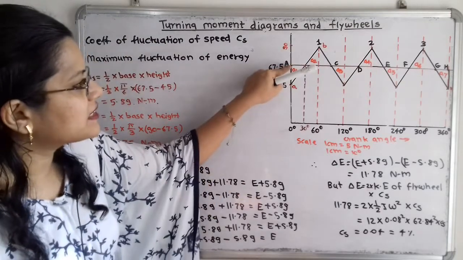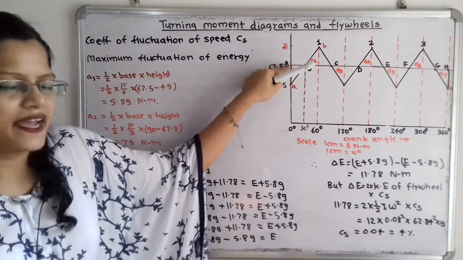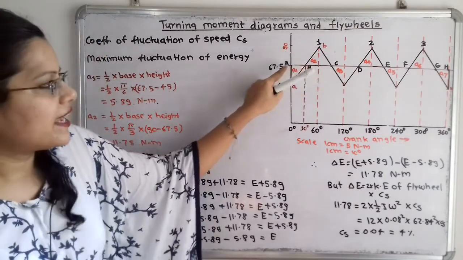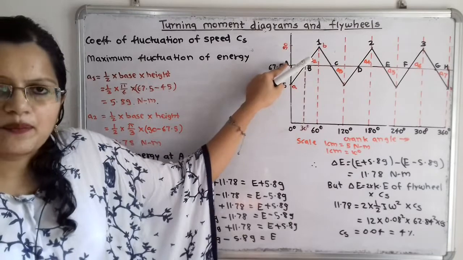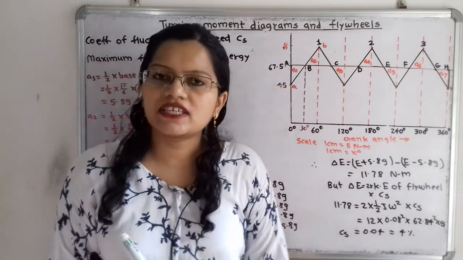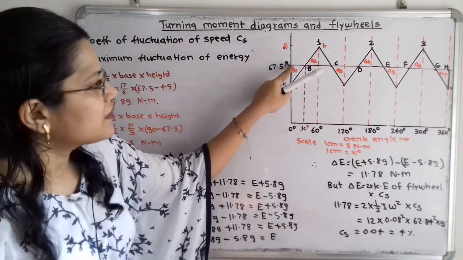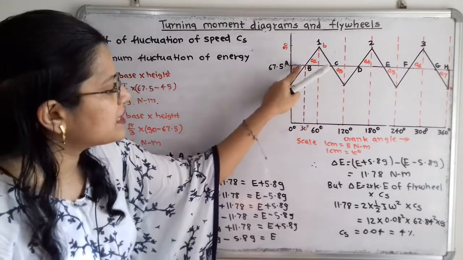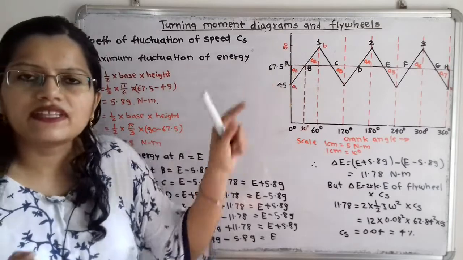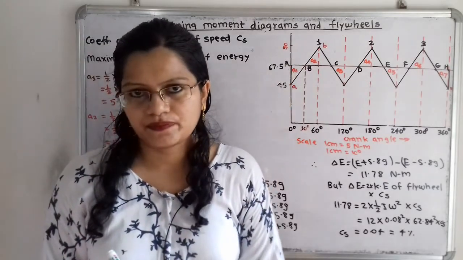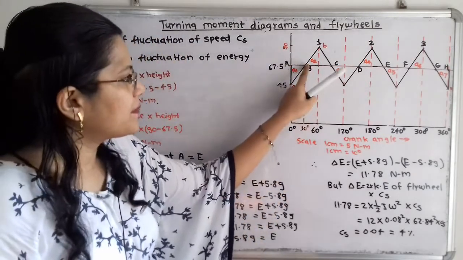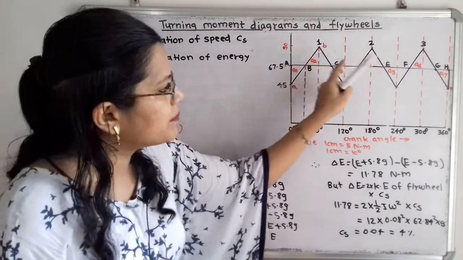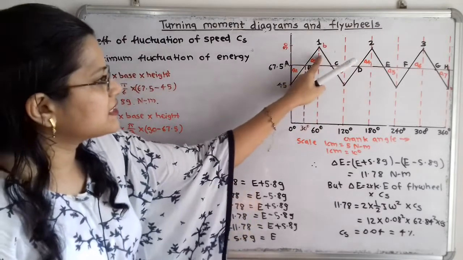What is the energy at the initial point A, and when we move from this point A to point B, then suppose we will consider at point A there is the total energy E, then when we move from this point A towards point B, then this energy A1 is getting subtracted, and at point B suppose here is the area A2 and that is above the mean torque line. So this energy is getting added.